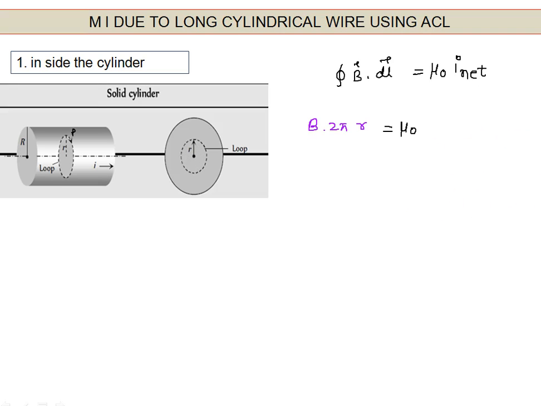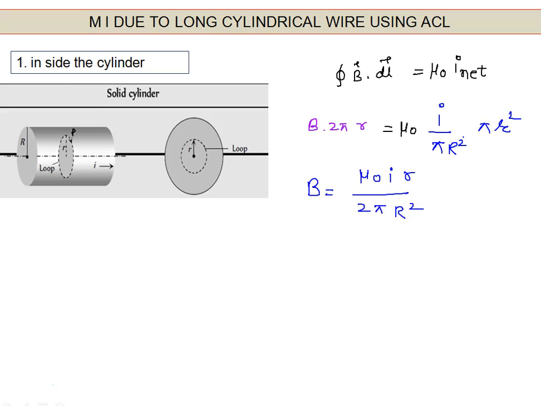So what you will say, we know the current per unit area is constant, that is the current density. I upon pi R square, where R is the radius, into the area of cross section of this part, which is pi r square. Now I calculate B. If we solve it, we will get mu naught I r upon 2 pi R square.